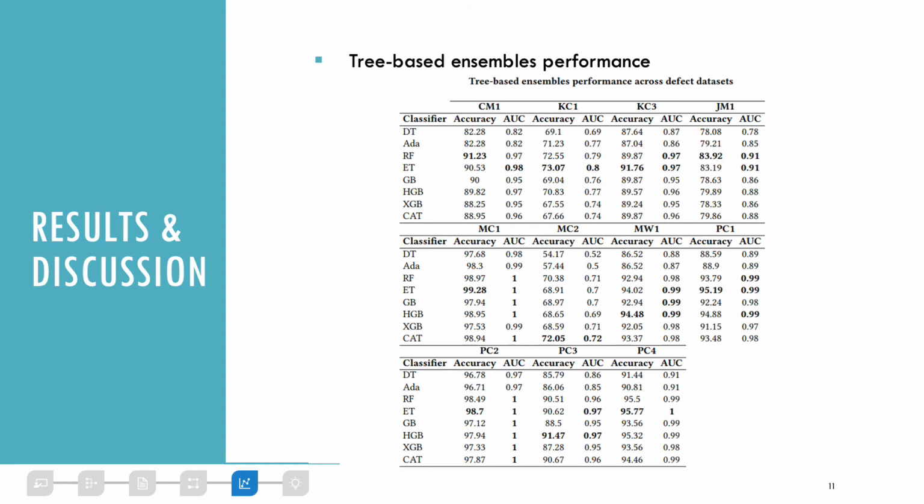This table presents the investigated prediction performance of our tree-based ensembles in terms of accuracy and AUC scores over all defect datasets. We can observe that individual decision trees was consistently one of the worst performing classifiers across all defect datasets in comparison to tree-based ensembles, by having the lowest accuracy and AUC scores.